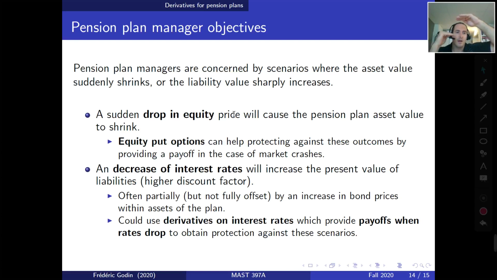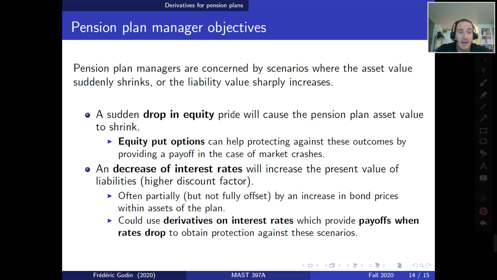So there's some increase here, which might partially compensate the increase in value of liabilities. Okay, but this increase might be partial because the plan is typically not invested only in fixed income, it's also invested in equity, and smaller interest rates, of course, will push equity prices up, but maybe not as much, so this can still create a problem.